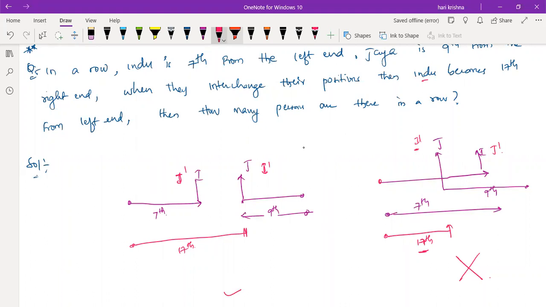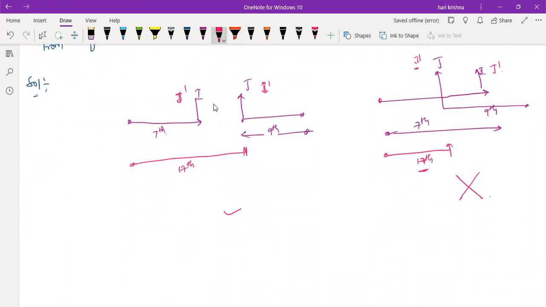If this is correct, now tell me how many persons are there in the row? If you want to calculate the total number of persons in the row, you just have to do one thing: calculate the total distance from left to right and minus 1. That's all. Now tell me what is the total distance from left to right?